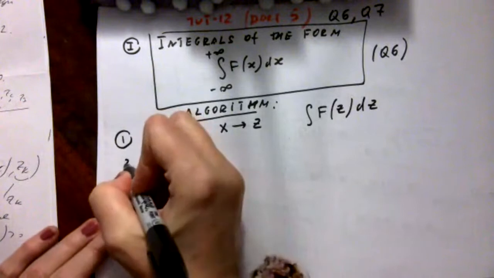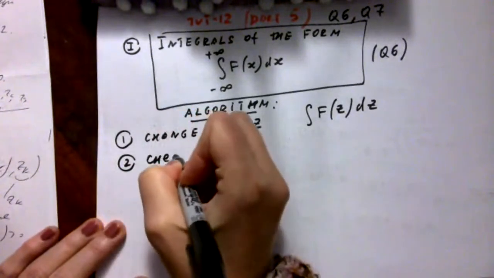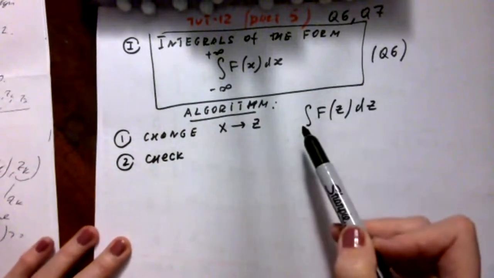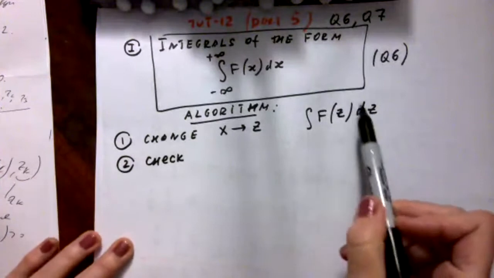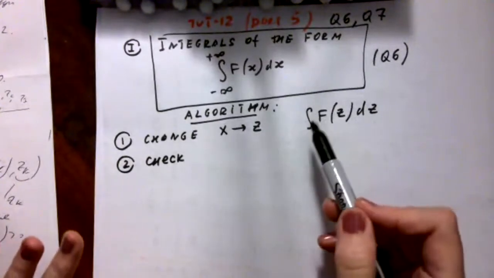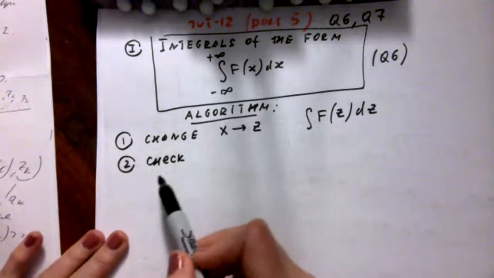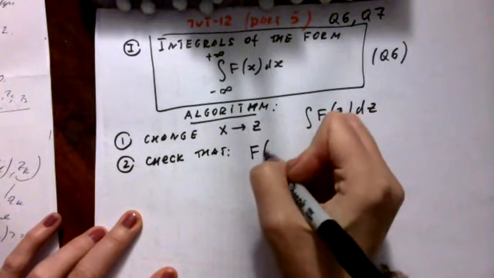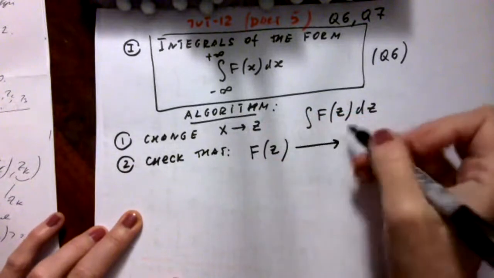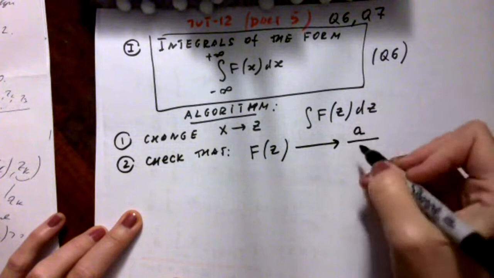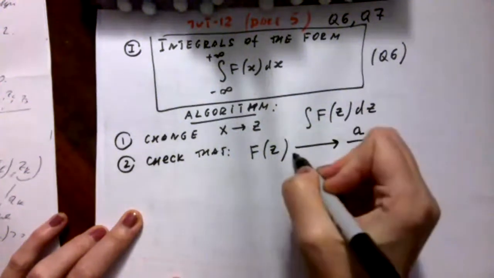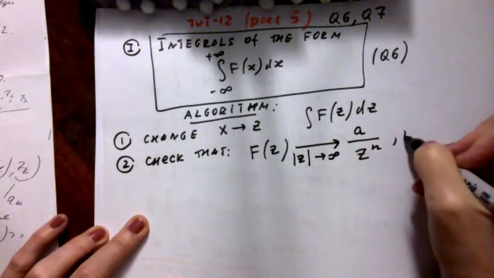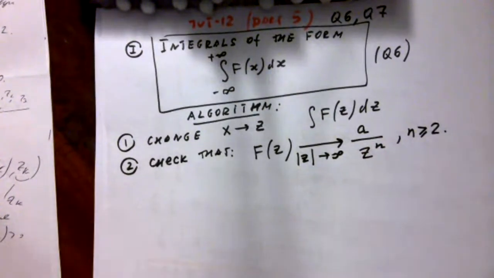What next? Then the next step is to check. There is a very nice theorem, very beautiful theorem, which allows you to calculate these integrals, but there are some restrictions, some limitations as to where you are allowed to use it. That is why we need to check this condition. Check that your function under the integral, f of z, tends to some constant a divided by z to the power of n, when modulus z tends to infinity, where n should be bigger or equal than 2.